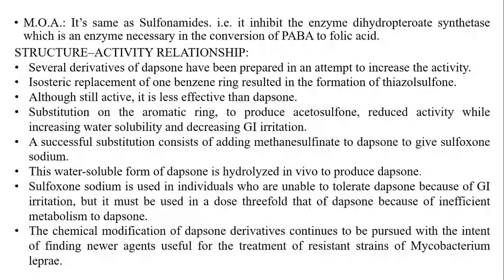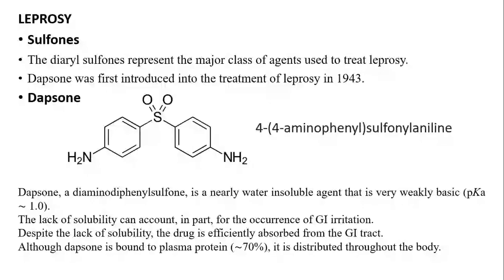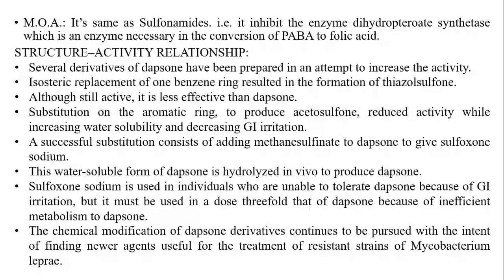Regarding the SAR studies, several derivatives of dapsone have been prepared in an attempt to increase the activity. The isosteric replacement of one benzene ring results in the formation of thiazole sulfone.